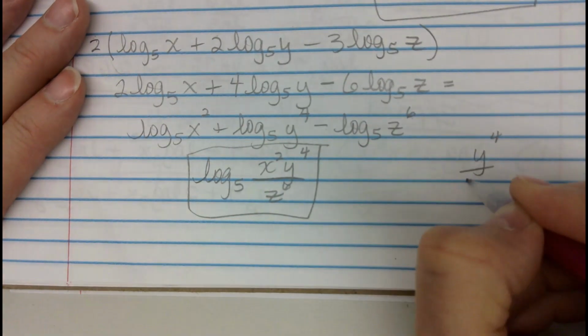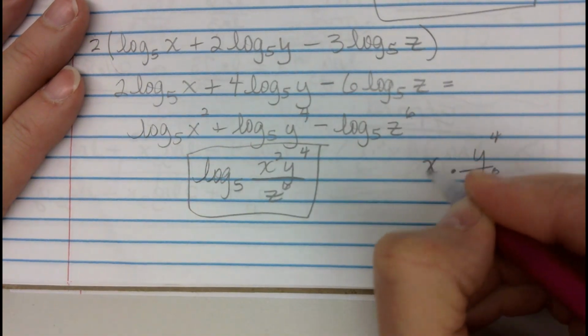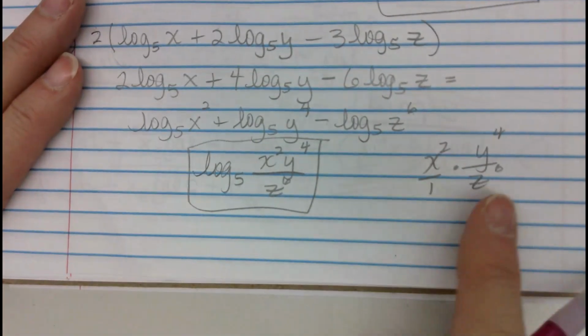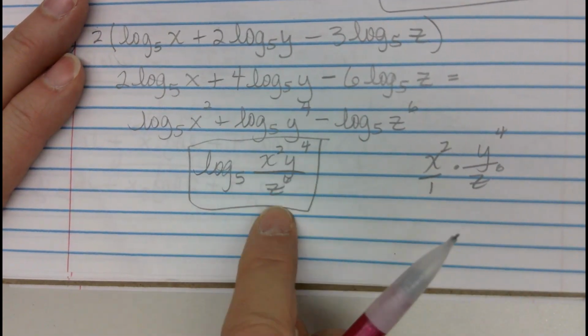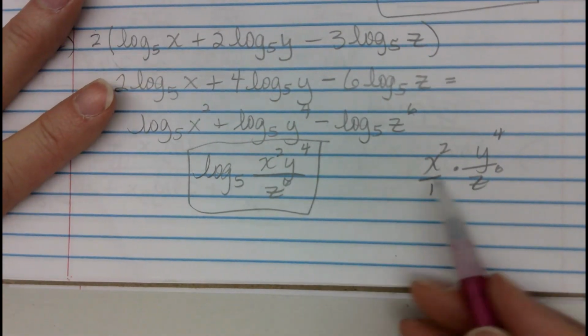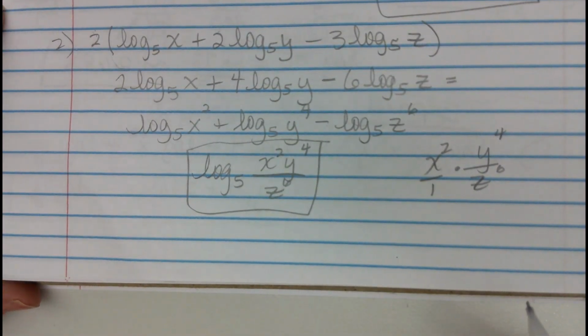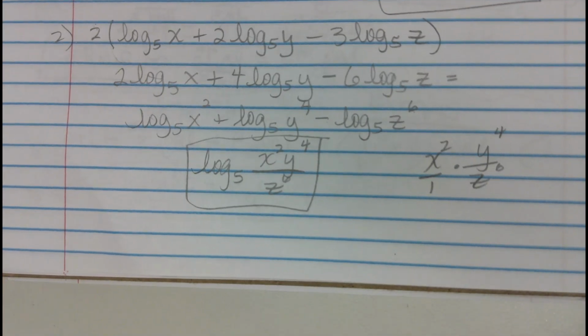Yes. But if I'm multiplying that by an x squared, that is an x squared over 1, correct? Yes. So the x squared would stay on top and the z to the 6th could be on the bottom of the whole thing, just because that's how multiplication works. Any questions? That's pretty much it.